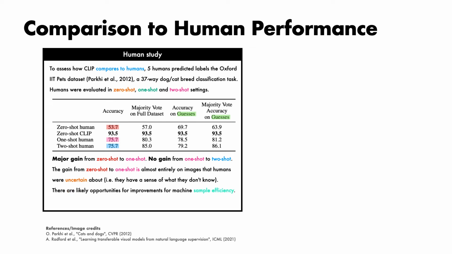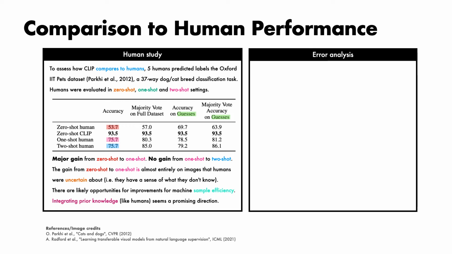The large gap from zero shot to one shot for humans suggests that there are likely improvements still to be found for machine sample efficiency, which does not yet exhibit this trait. Based on this, the authors suggest that integrating prior knowledge into few-shot learning may be a promising future direction.